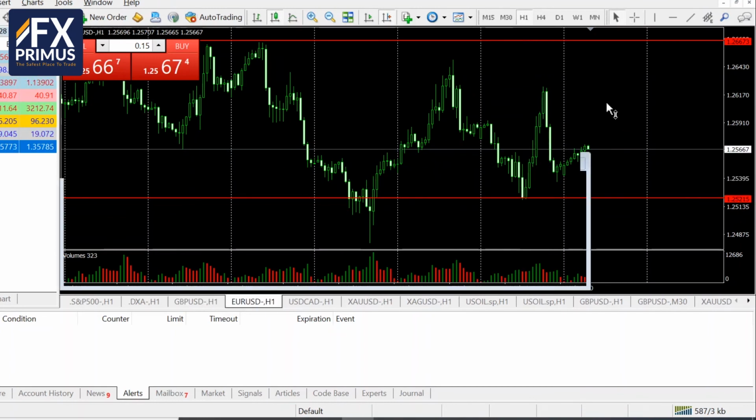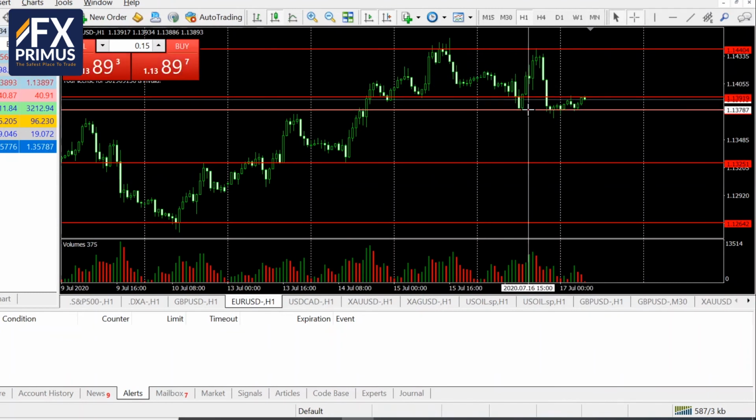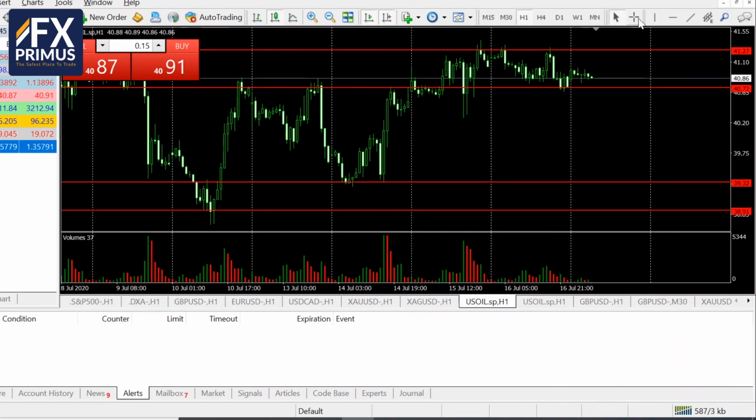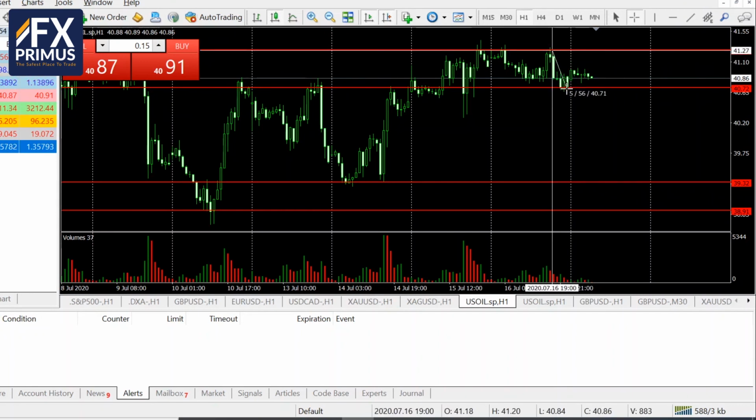And then for the euro dollar, again we see it coming down about 38 pips and then going up 60 pips, and then coming down again another 60 pips. It was the same story for oil prices, initially coming down about 55 cents, then going up another 52 cents, and then coming down again another 56 cents.